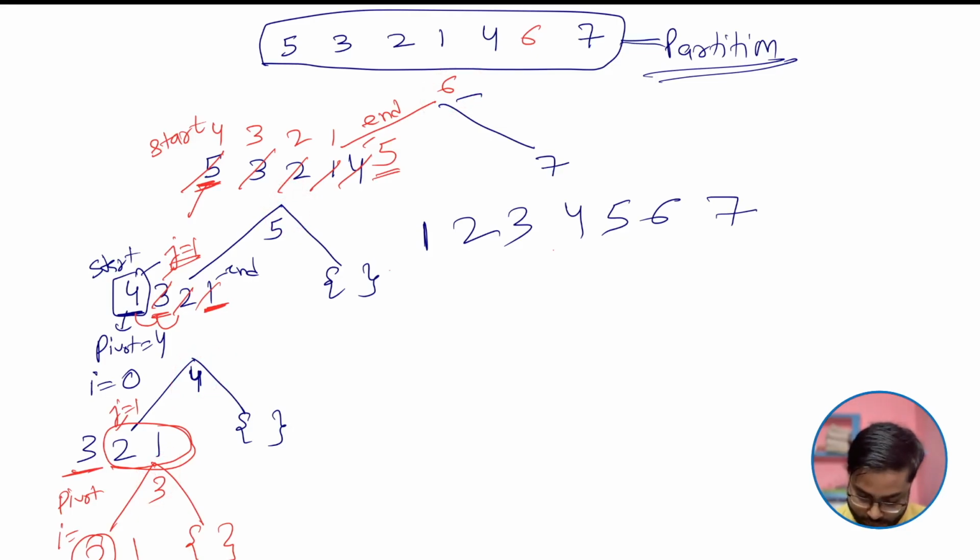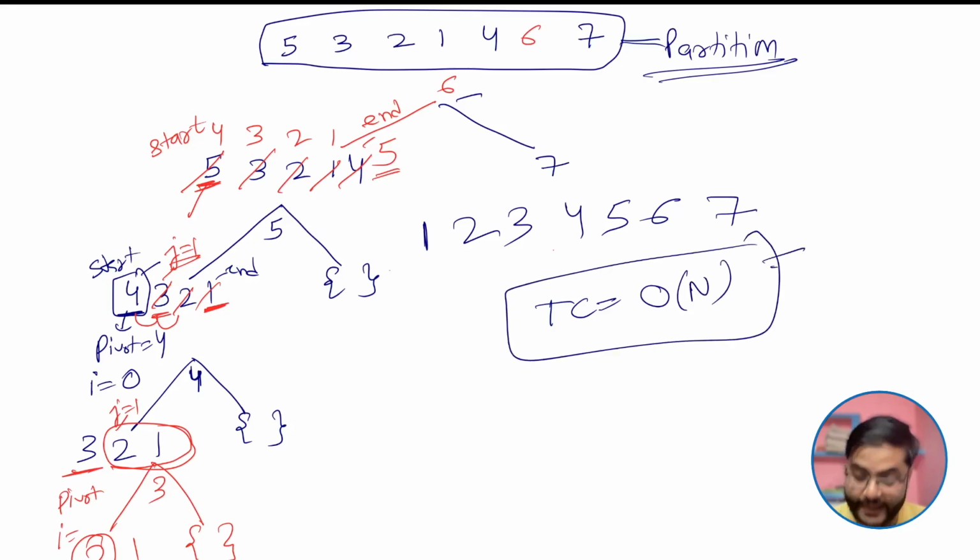So my partition algorithm will take time complexity of order n. It will run till order n, that is the worst case, right? So my partition algorithm will run for n times. This is the heart and soul of quicksort. If you understand the partition algorithm, you understand the quicksort algorithm.